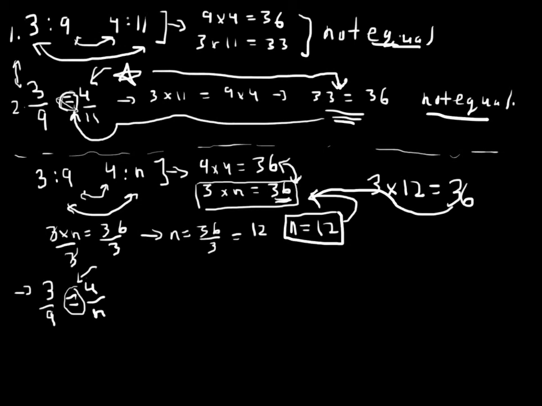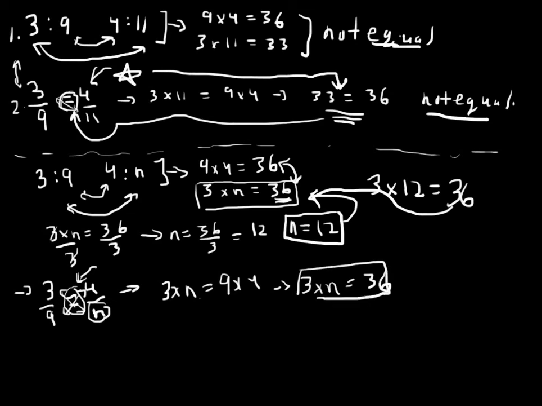We're saying that these are equal, but we just have to find out what n has to be. Like you saw in the last video, we cross multiply. So we're left with 3 times n is equal to 9 times 4. So 3 times n is 36, which is the exact same equation as above. And we're going to be left with the same result, n equals 12.